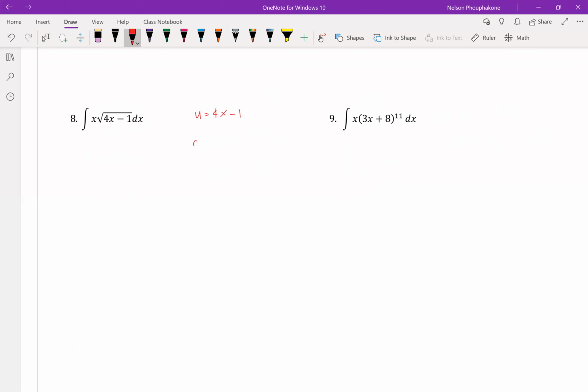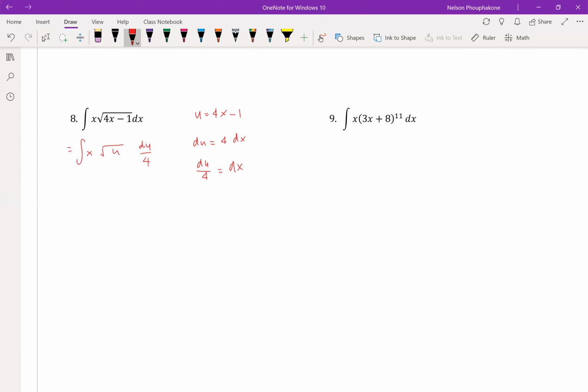So in this case, I will have du equal to 4 dx, right? Kind of straightforward. Then I will have du over 4 equal to dx. However, there's one thing in this case. If I write it like this, then I still have the x, square root of u, and then du over 4.